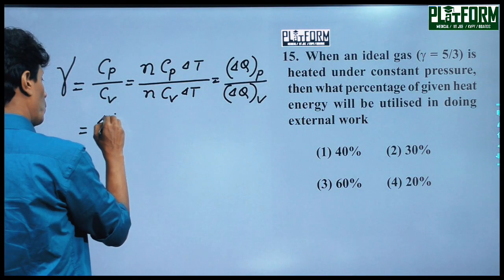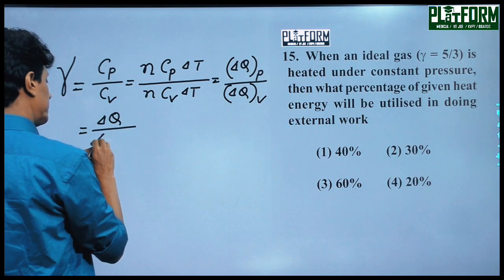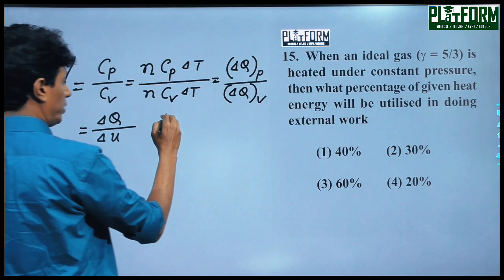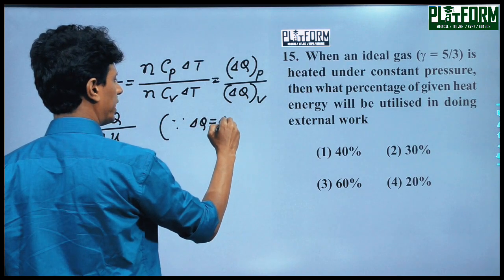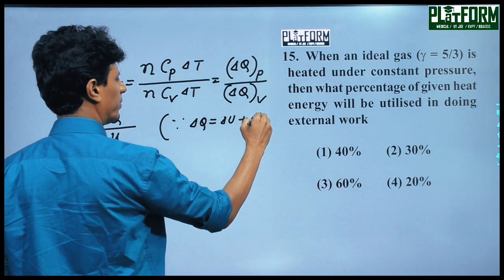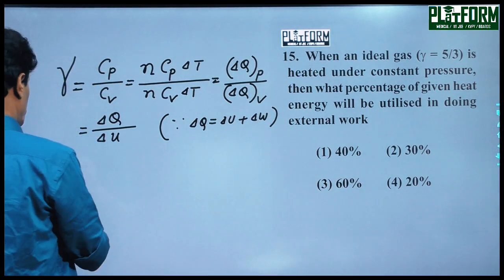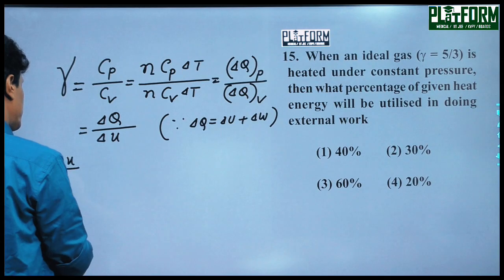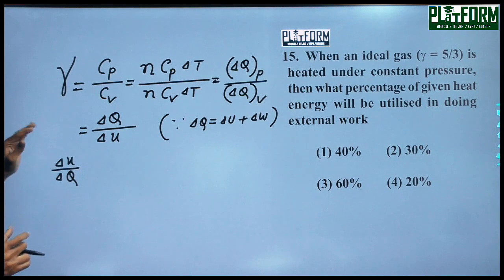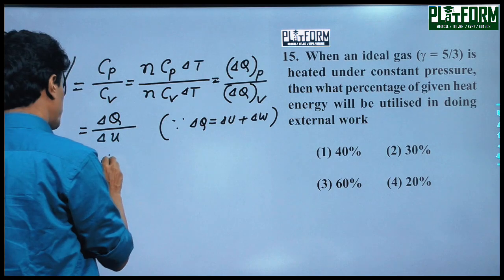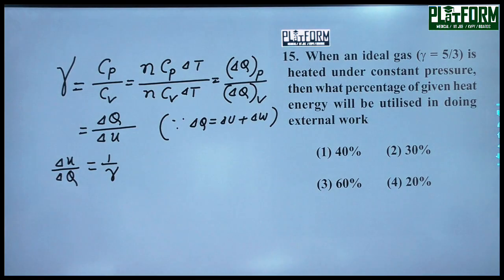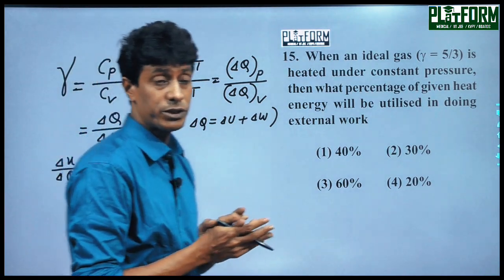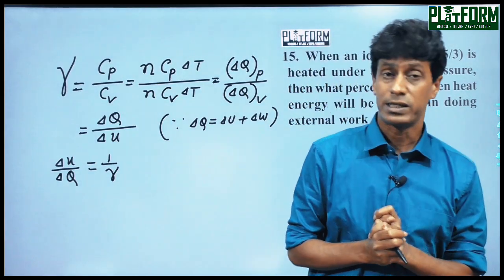This can be written as total heat supplied, and this is the change of internal energy. From the first law of thermodynamics, del Q is equal to del U plus del W. So del U by del Q, that is the change in internal energy by total heat supplied to the gas, is equal to 1 by gamma.